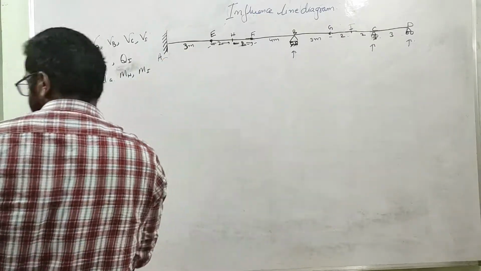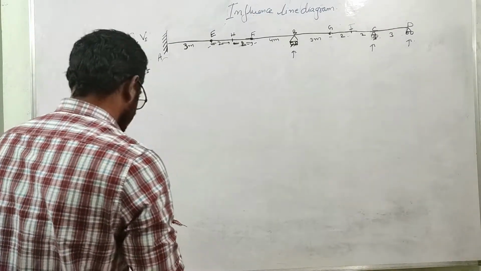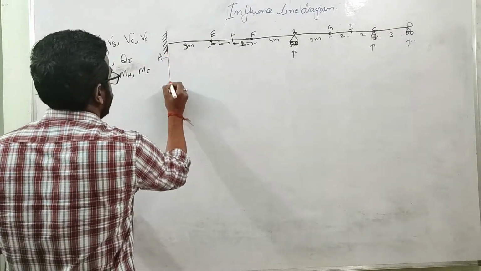Let us draw the influence line diagram for the support reaction. First I'll draw some lines over here.